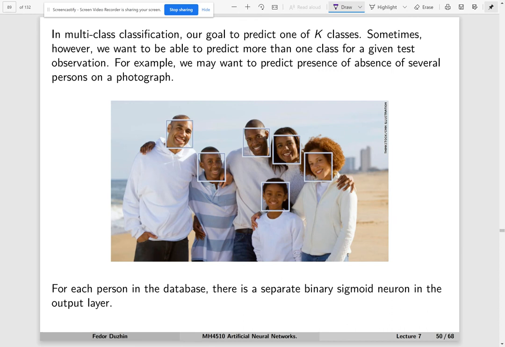This is important: for a situation where every test observation or training observation may have several classes, we are going to have several sigmoid neurons. If it is precisely one out of k classes, then it's going to be softmax instead.